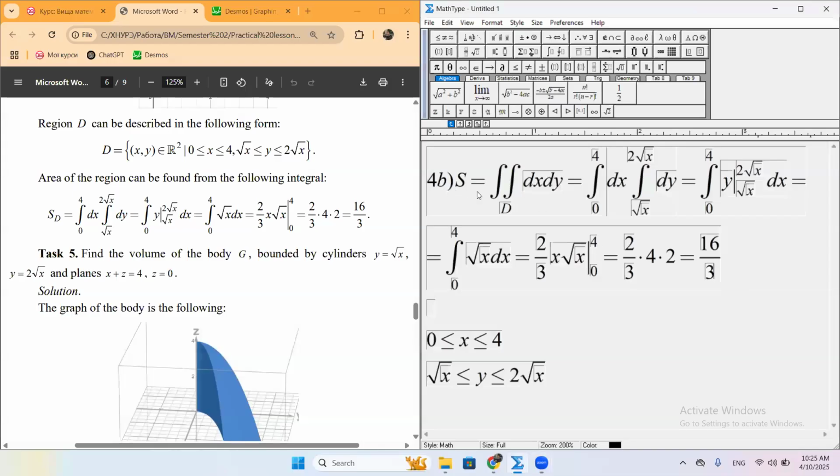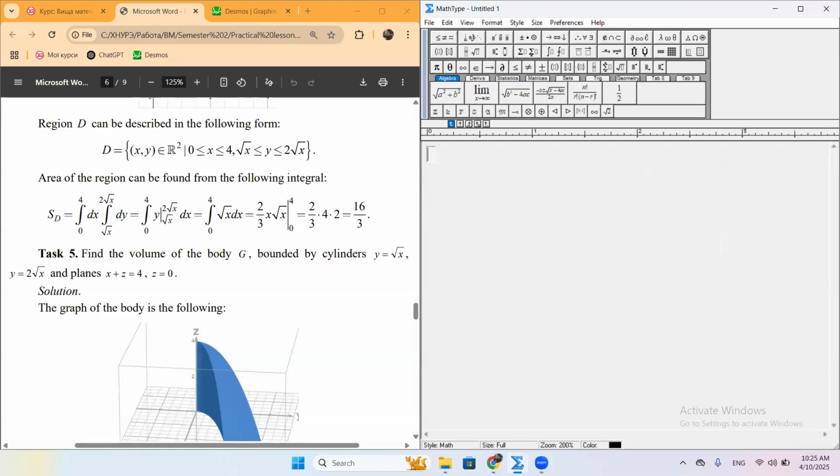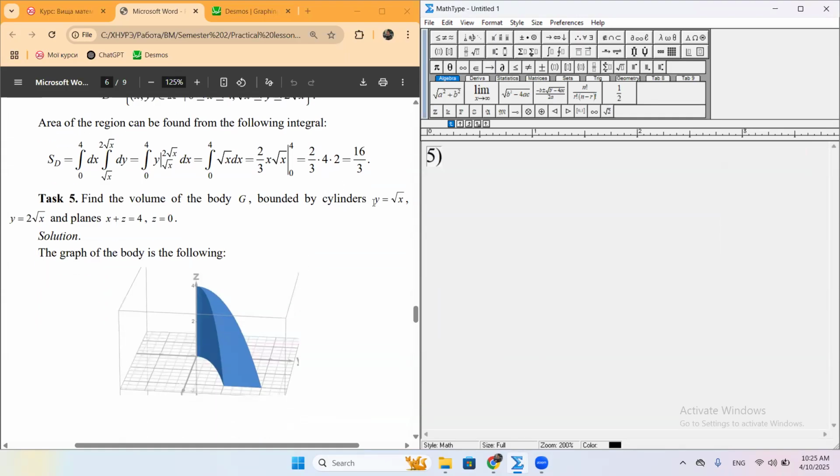Okay, let's continue. The next task is to calculate. So task A is: calculate the volume of the body G bounded by two cylinders and planes.